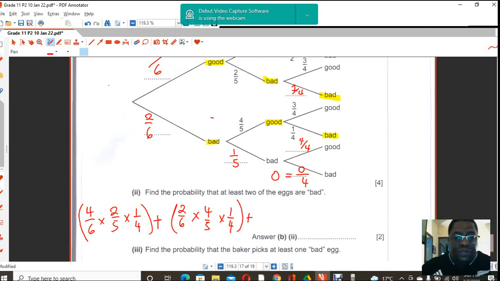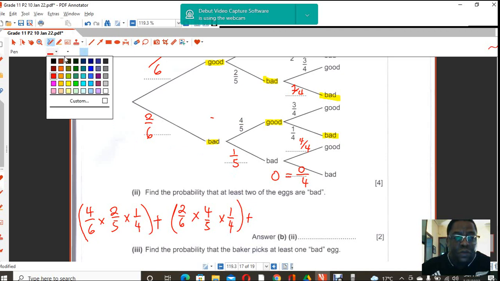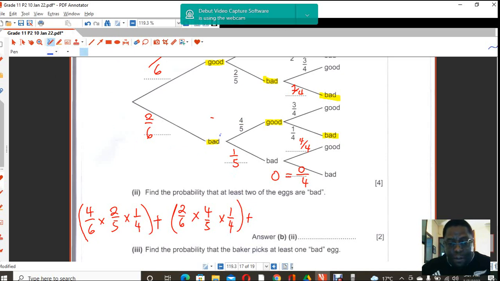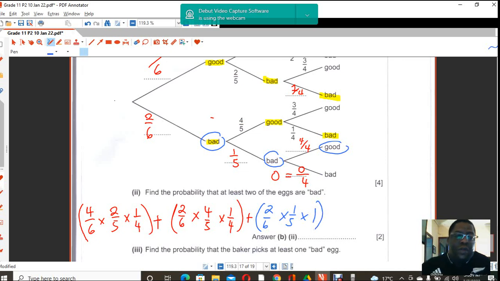There's one more condition. Condition is bad, bad, good. So bad 2 over 6 times bad 1 over 5, and good is 4 over 4, which is 1.